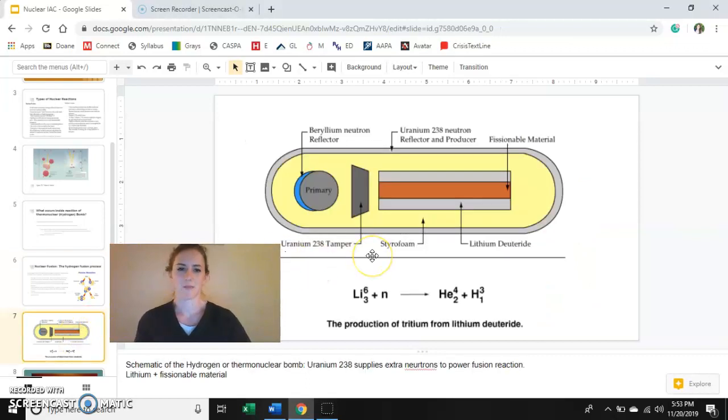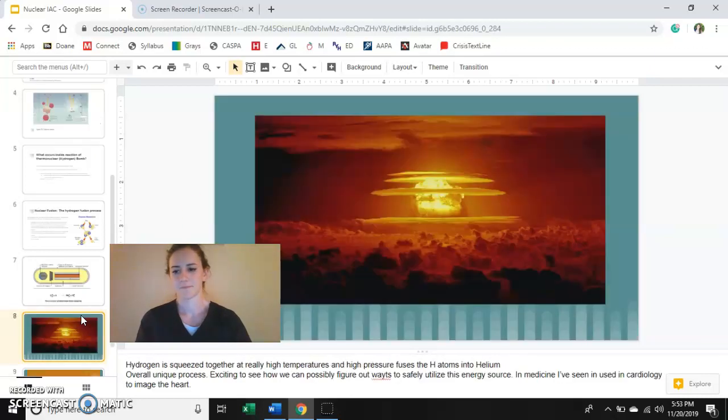And here's an example I found of how the bomb would be set up. There was a lot to learn in this chapter, but overall, the hydrogen is squeezed together at really high temperatures and high pressure, which fuses the hydrogen atoms into helium.